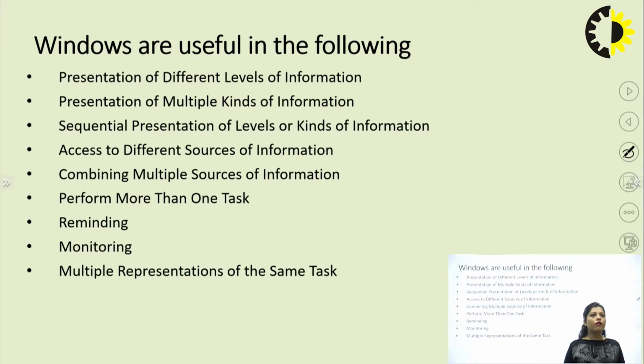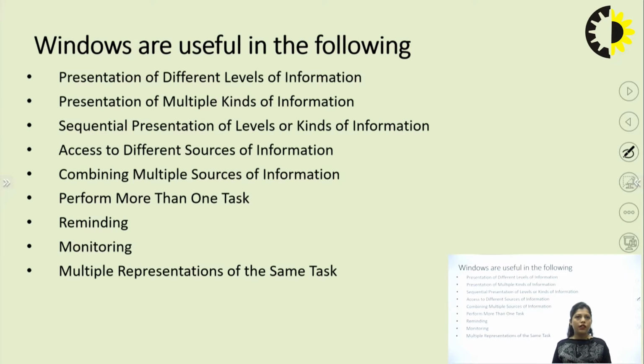Next, windows are useful in the following: presentation of different levels of information. If you are displaying information in different levels, for example, taking 3 levels: first is easy level, second is medium level, third is tough level.